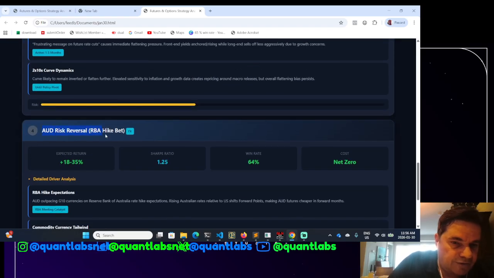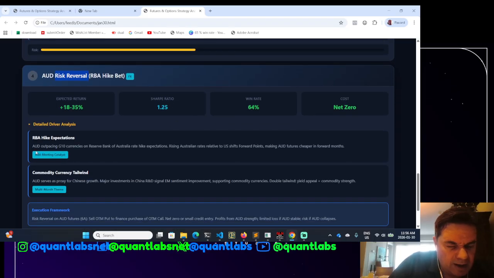Anyways, so we have another one for Forex. Now, everyone goes on about retail Forex, watching the charts and getting killed. Here, you can still play what we call the currencies in the futures and options market, not Forex. But here we have an Australian risk reversal. Okay, so what's happening here? The Australian dollar.